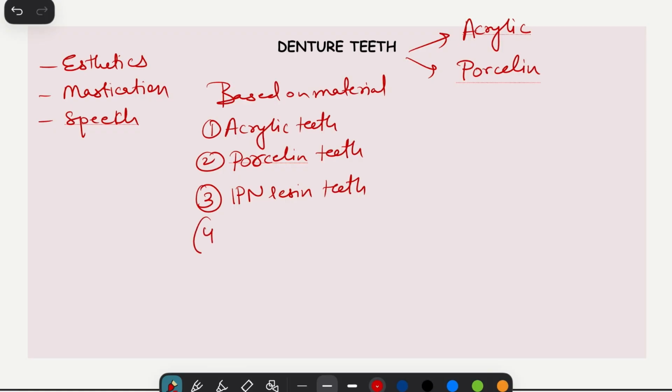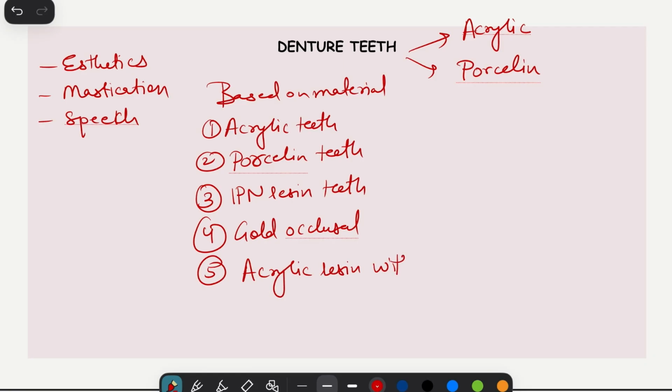The fourth one is gold occlusal, and we have acrylic resin with amalgam spots. Acrylic teeth and porcelain teeth are the most commonly used teeth.